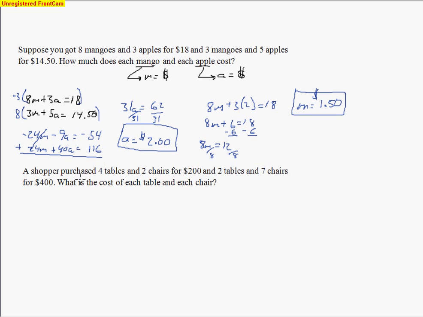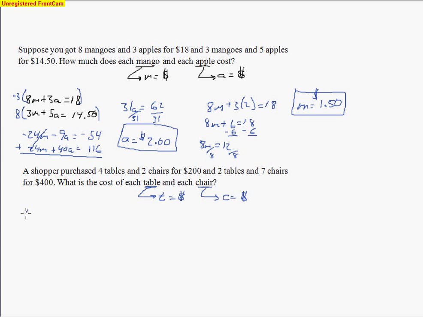So let's take a look at the next one. Similar type of problem. It says shoppers purchase 4 tables and 2 chairs for $200, 2 tables and 7 chairs for $400. What is the cost of each table and each chair? So we're going to say that T equals the cost of the table, and C equals the cost of the chair.